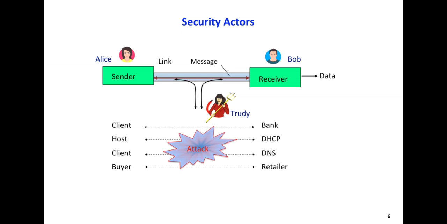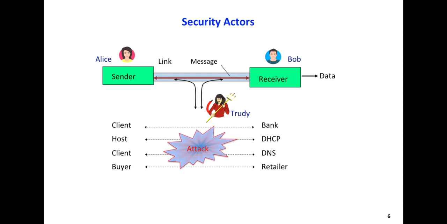With the information that Trudy can get by doing this, she can launch a more serious attack, and consider Trudy as an attacker in other systems as well. So if the attacker can get a password or social security details from you, then there could be identity theft, or if it's a password to your bank account, you could face financial problems.